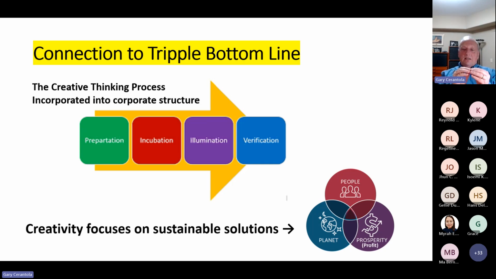Okay. Next thing I want to talk about is creative ways to create sustainable solutions. And the key thing, I want you to pay attention to this graph, in particular incubation. And what incubation is, say that you want to create a sustainable way to make sure that a sewage treatment plant works properly.